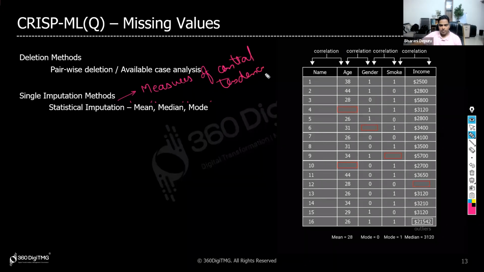We have three measures of central tendency, which includes mean, median, and mode. First moment business decision.